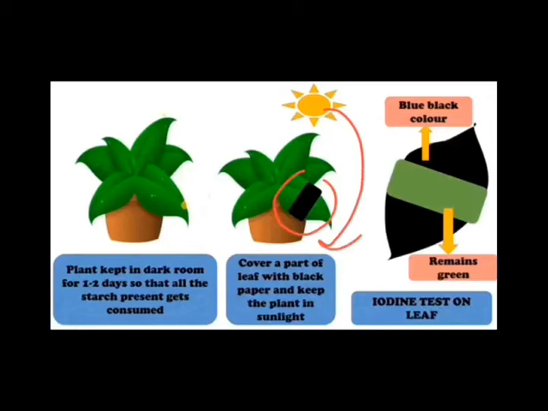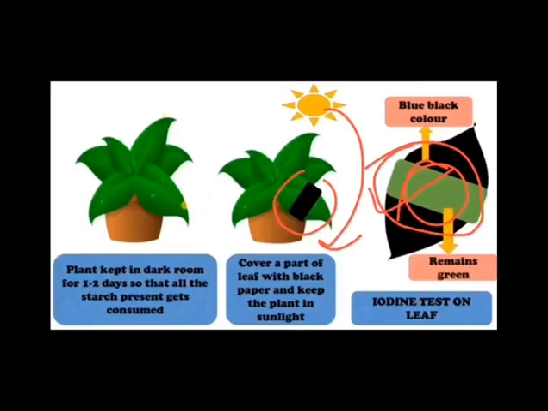So that's why this part which is covered with black paper remains green in color and doesn't change its color. So it shows that there is no starch present over here. So this proves that leaves carry out photosynthesis only in the presence of sunlight.